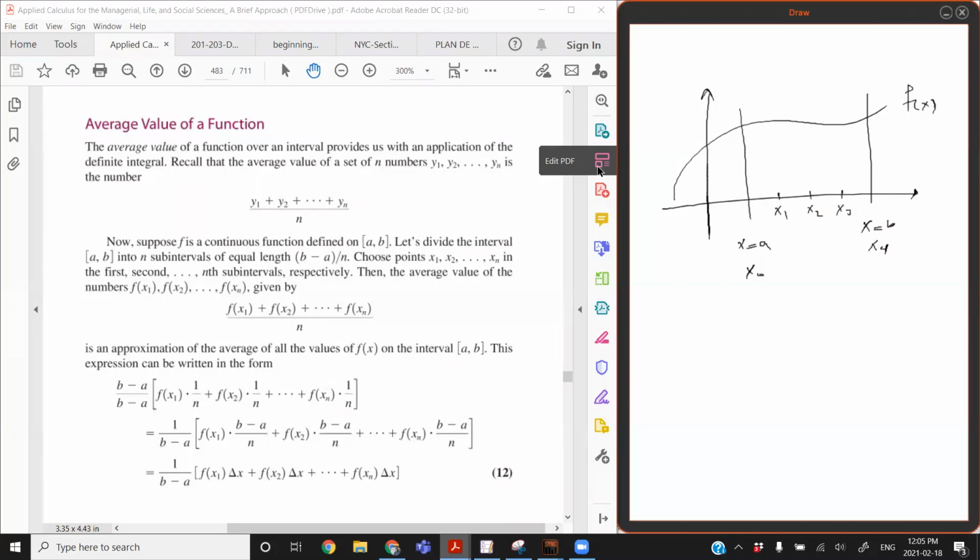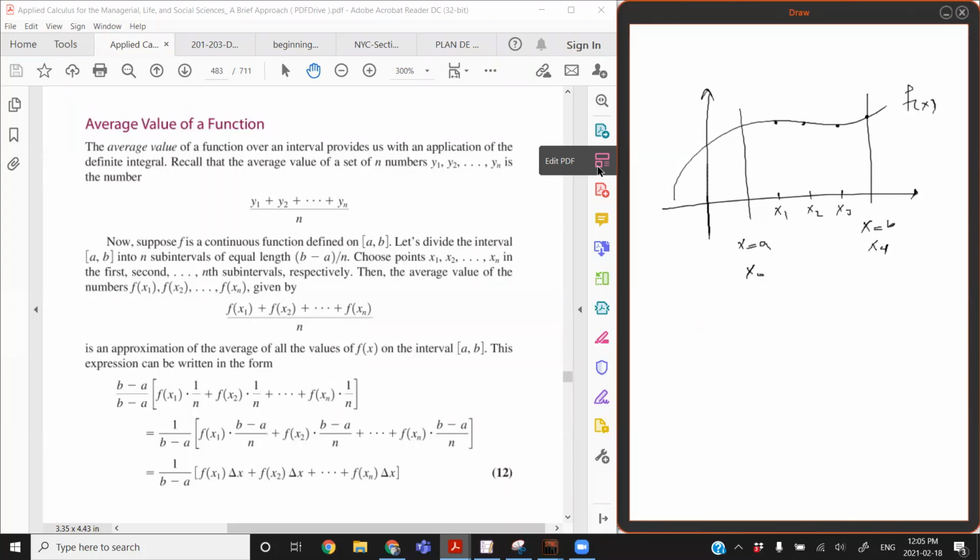Then what we can do is we can evaluate what f of x1 is, what f of x2 is, what f of x3 is, and what f of x4 is, and then just divide by the number of these data points that we get from the function.